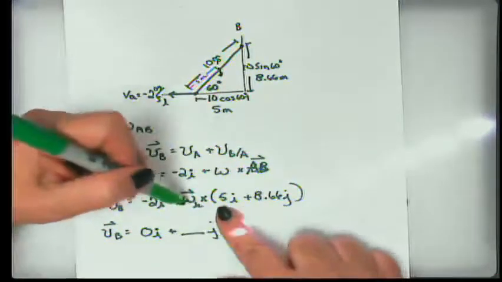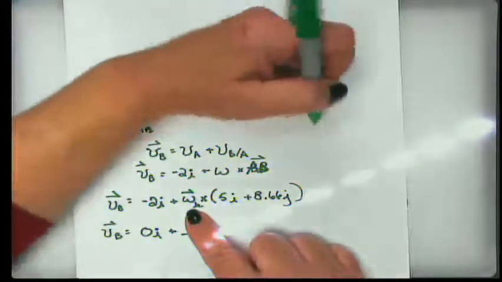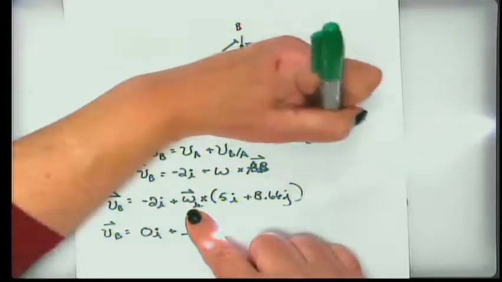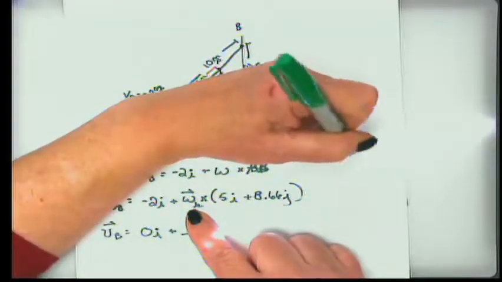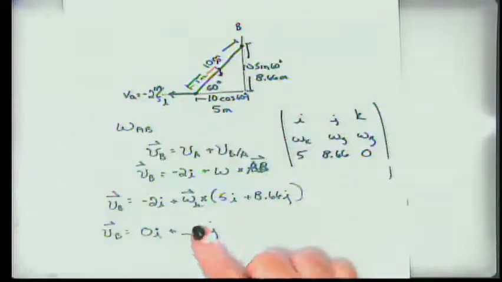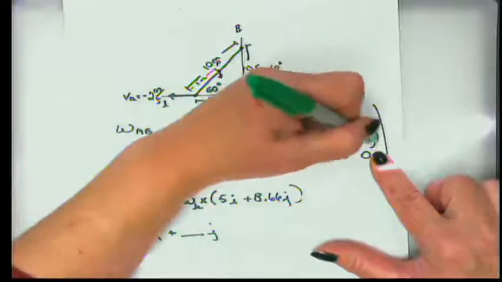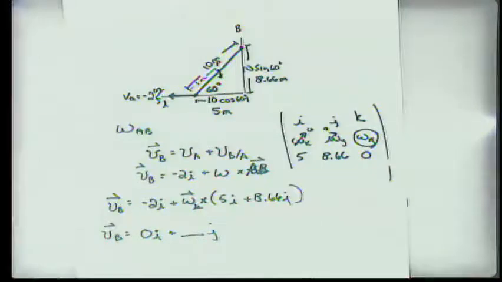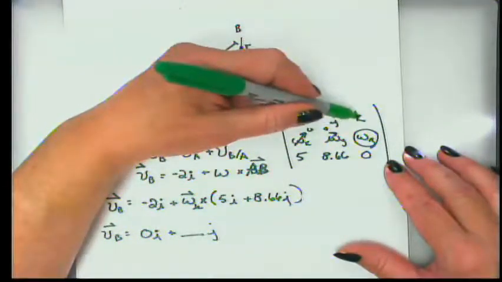So if we take omega k and we cross it with this vector, what we'll get is, we could go I, j, k, omega x, omega y, omega z, 5, 8.66, and 0. Right? All right, but what do we know about omega? It's purely z, right? So this is 0 and this is 0. So that simplifies our determinant quite a bit. So this is same sign, different sign, same sign, different sign.